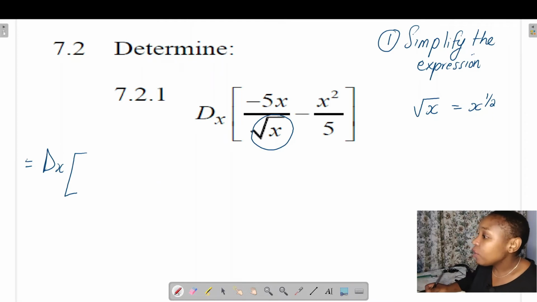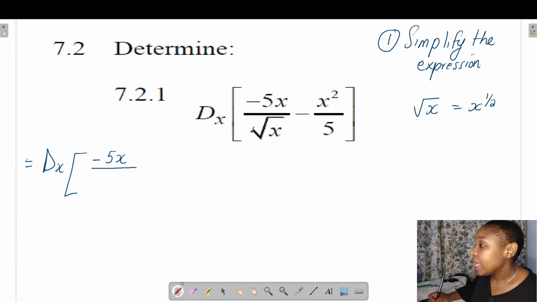Okay, so here we've got now negative 5x all over that square root of x, right? Okay, can be written as x to the power of 1 over 2, okay, minus, we actually write that nicely so that someone doesn't get confused.